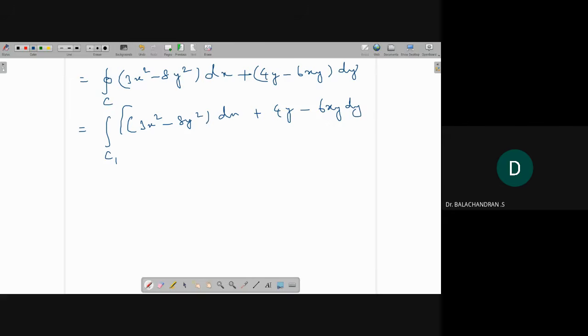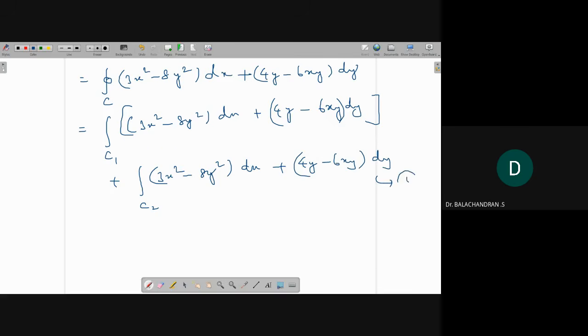This is along C1, plus along C2, (3x square minus 8y square) dx plus (4y minus 6xy) dy. Call this equation 1.